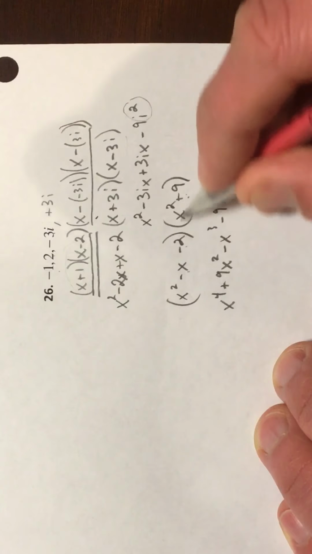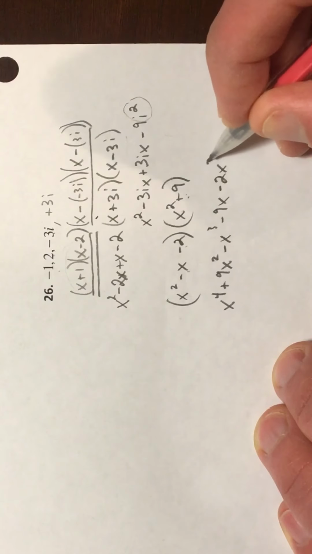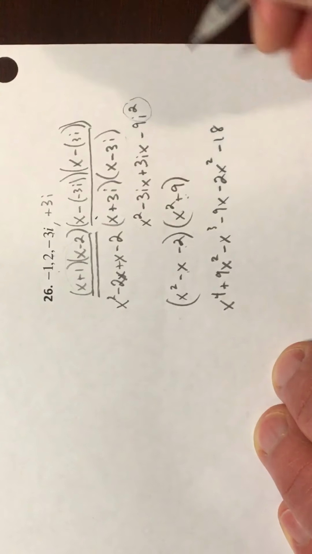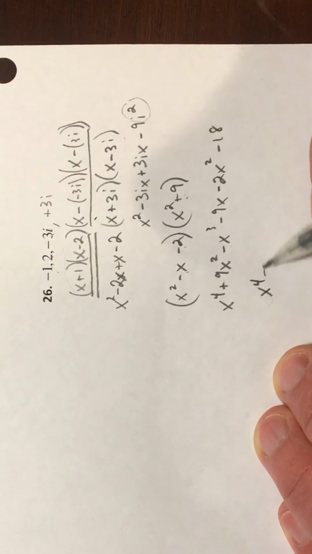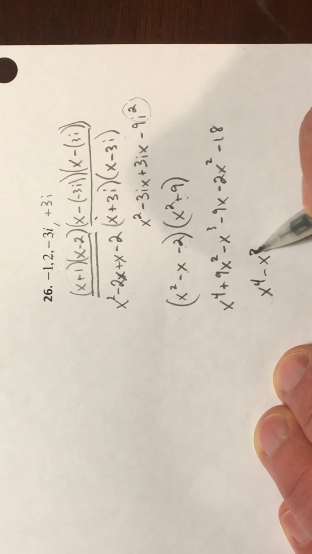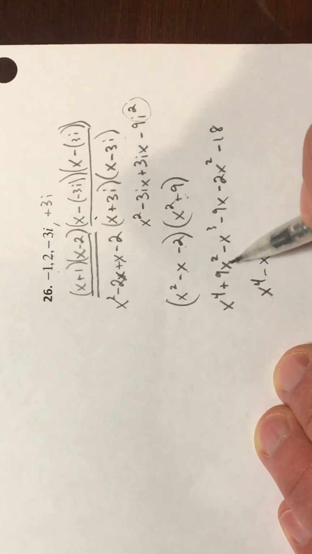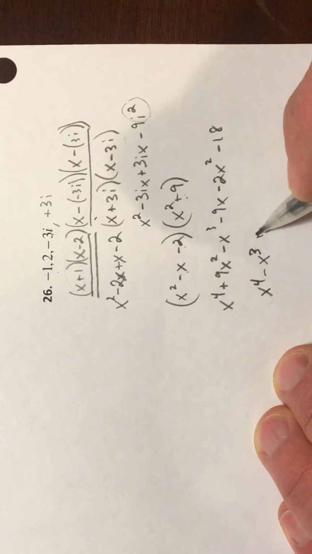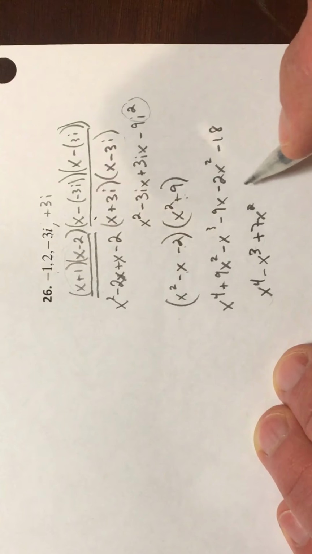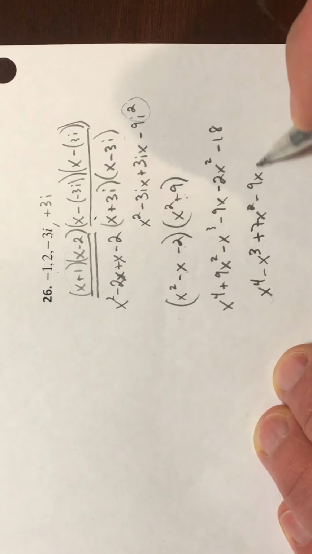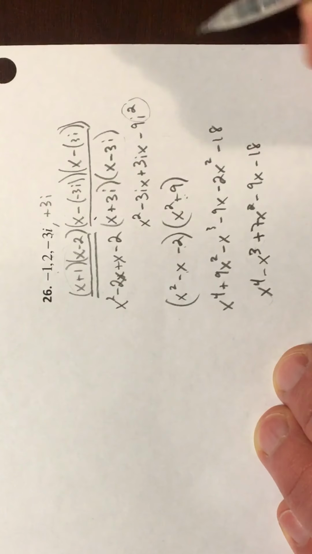And then I'm going to take negative 2 to both terms. And minus 18. So we have an x to the 4th. I have a cube there. A couple squares, so those are going to combine to make a positive 7x squared. And one linear and my constant.